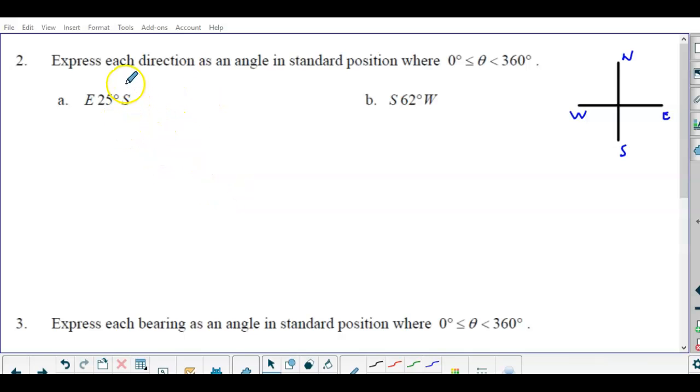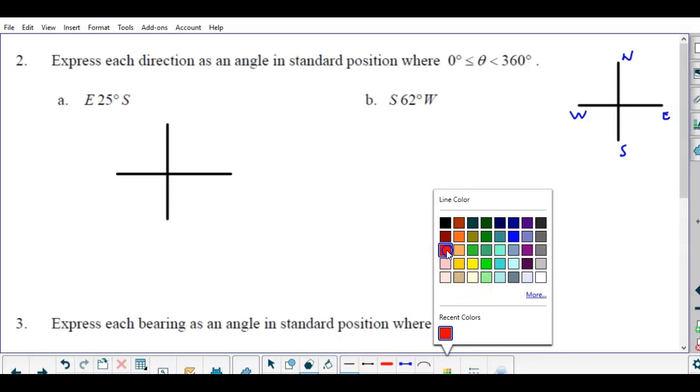So if you're asked to express each direction as an angle in standard position, then I'll do red: east, okay, we're going east, but then 25 degrees in the south direction.